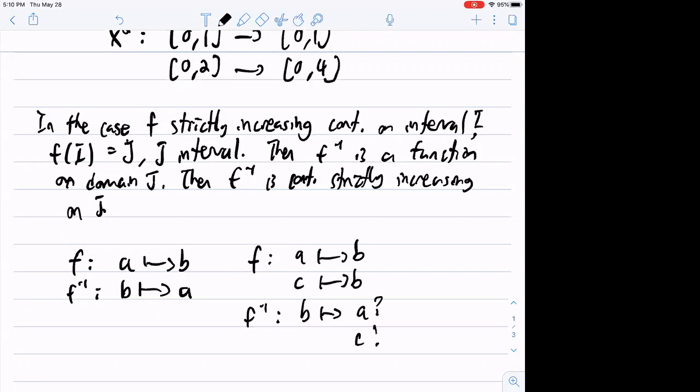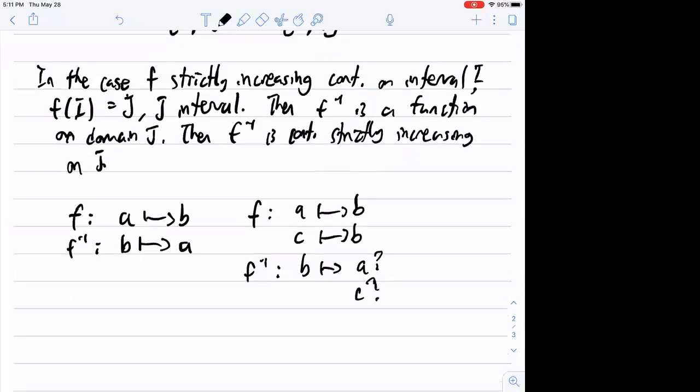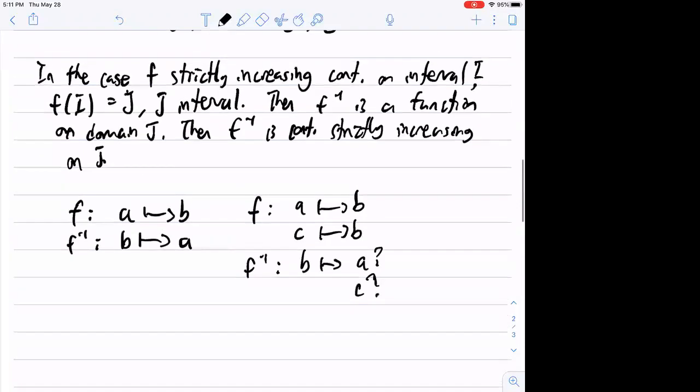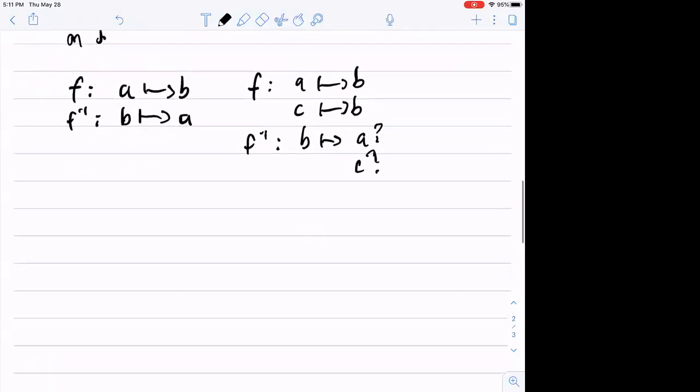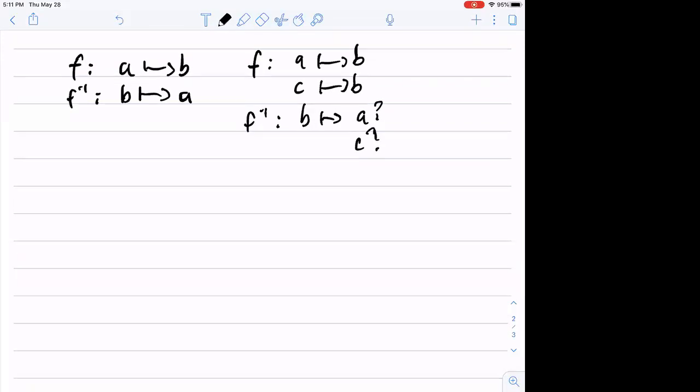Does it map to C? The inverse doesn't really make sense, because to be a function it cannot map a point to two different points. It fails the horizontal line test, or I forgot, either horizontal or vertical. But anyway, that's basically the point of why you need the strict. So okay, let's continue.